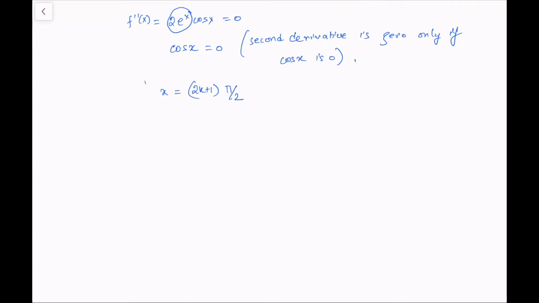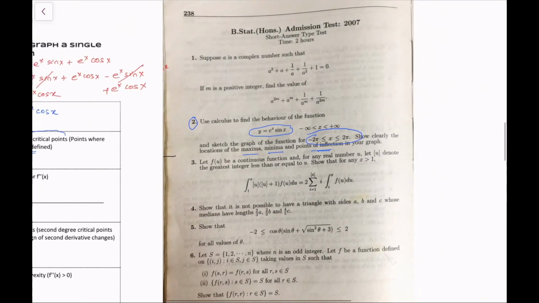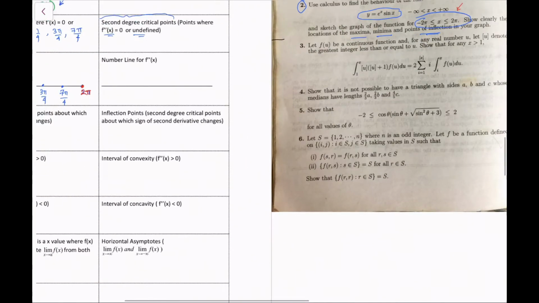And this happens for obviously infinitely many times, but we are interested only between negative 2 pi to positive 2 pi. That's what the problem says. Let me go back to the problem and show you that. The problem actually wants us to focus on this particular interval from negative 2 pi to positive 2 pi. So let's do that.